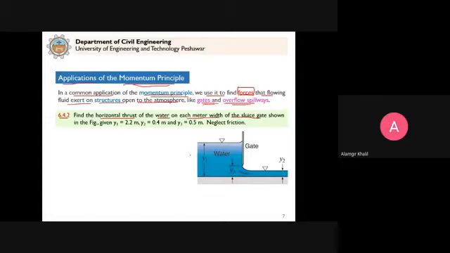Y1 is given as 2.2 meters, this is Y1. Similarly, Y2 is given as 0.4 meter, this is Y2 here. And Y3 is the depth of water below the gate, this is Y3. So now we are going to calculate the horizontal thrust of water.